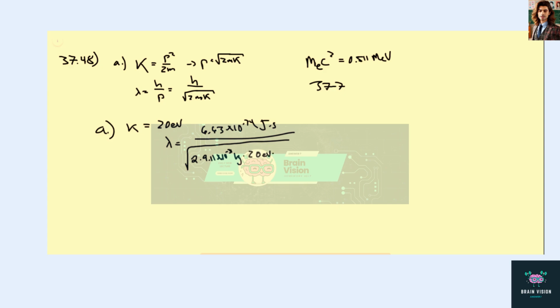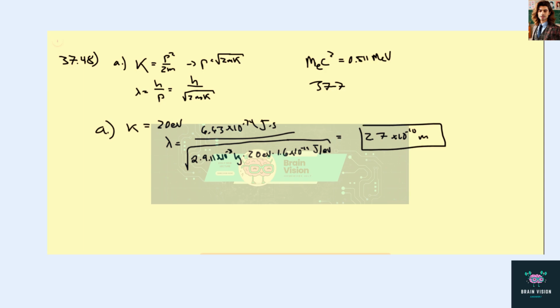And now I'm going to convert eV to joules by multiplying by 1.6 times 10 to the negative 19 joules per eV. Cool. So if we plug that in, we get a wavelength of 2.7 times 10 to the negative 10 meters.